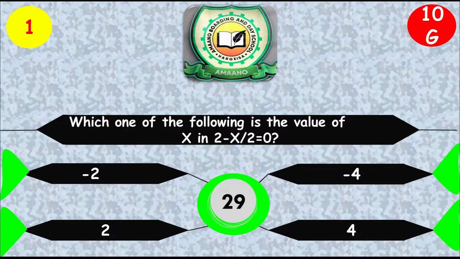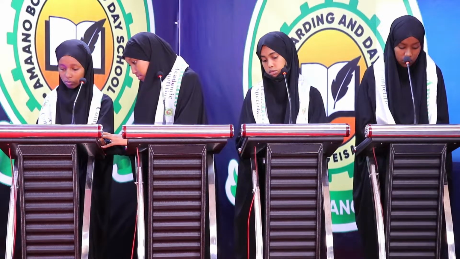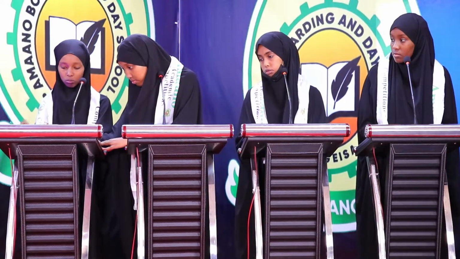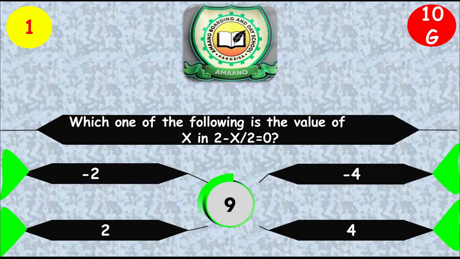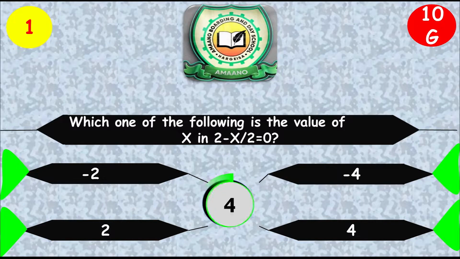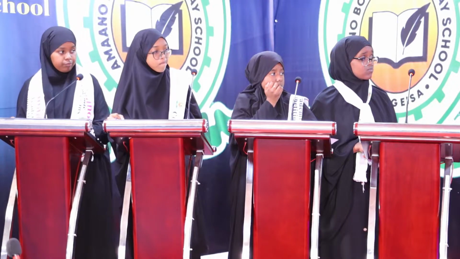Which of the following is the value of x in 2 minus x over 2 is equal to 0? Yes? 2. 2 is 4. Okay, 1B.